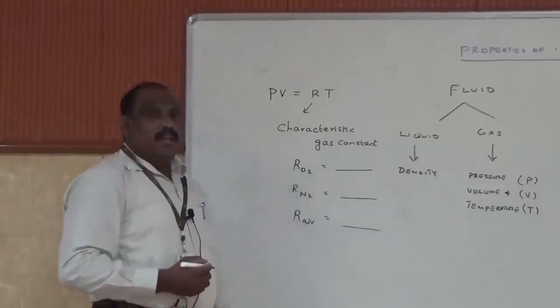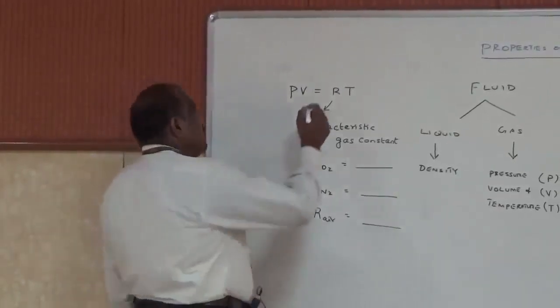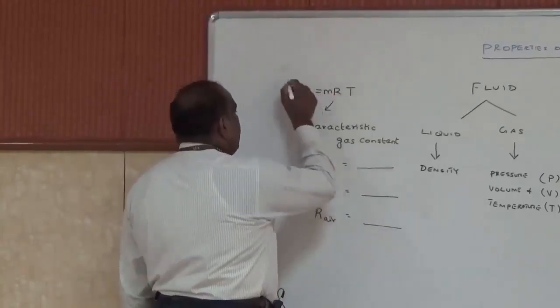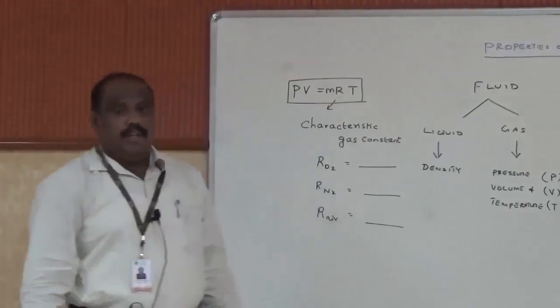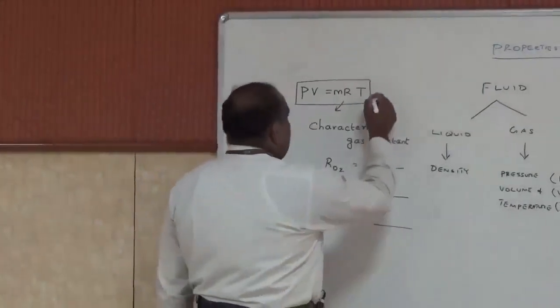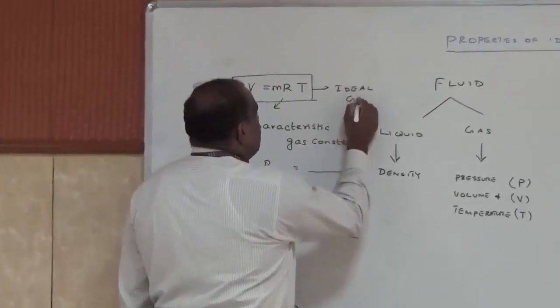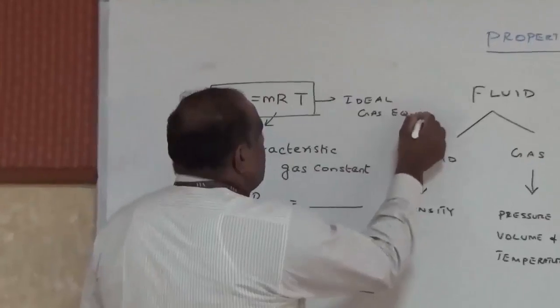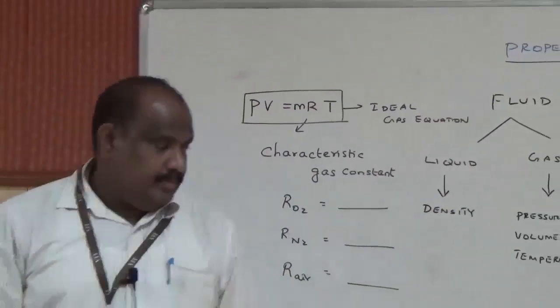This equation has been given for unit mass. If it is for m mass, then the equation becomes PV equal to mRT, where m is the mass of the gas. This equation is called the ideal gas equation, which is derived on the concept of Boyle's law and Charles's law, applicable to an ideal gas.